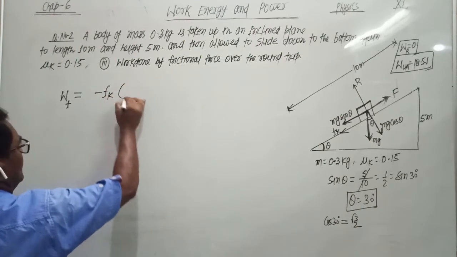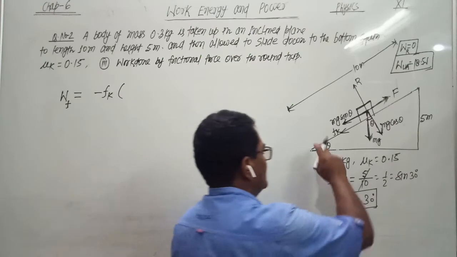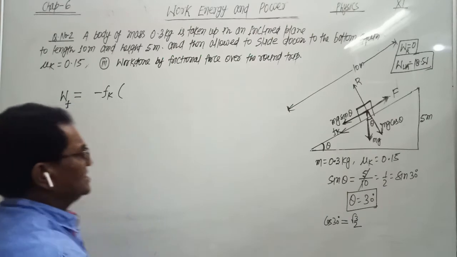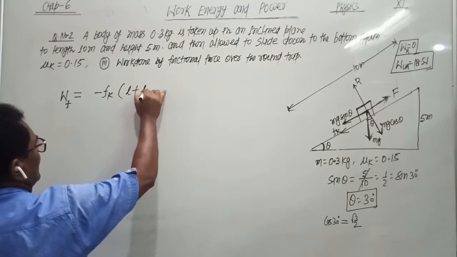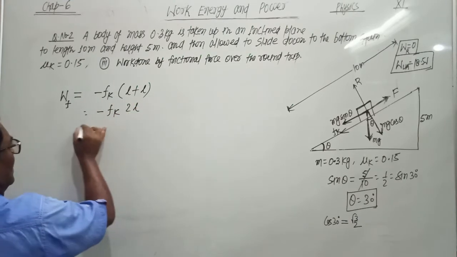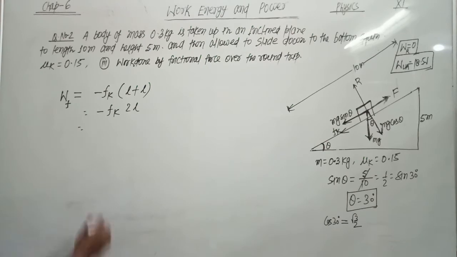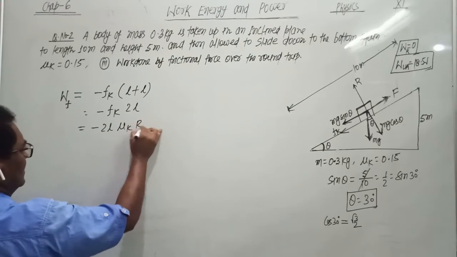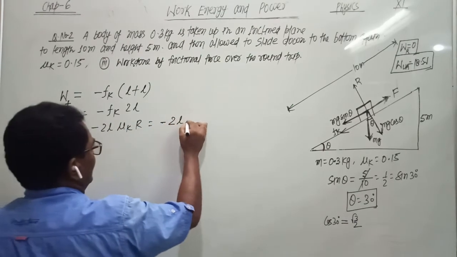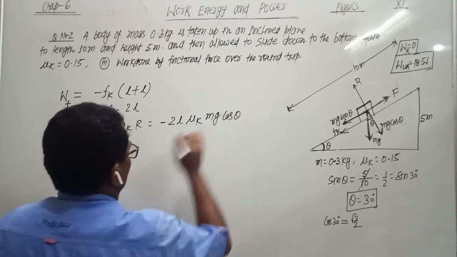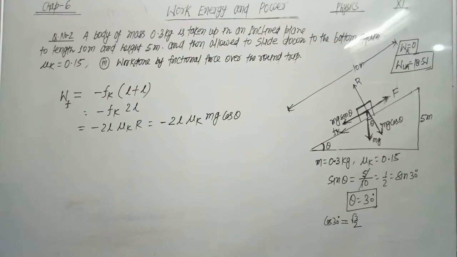It is opposite to the applied force, and a round trip means going up and coming down, so the distance will be L plus L. So minus Fk into 2L, and Fk is mu k into R. So minus 2L mu k R, and R is given by mg cos theta, so minus 2L mu k mg cos theta, and put the values.